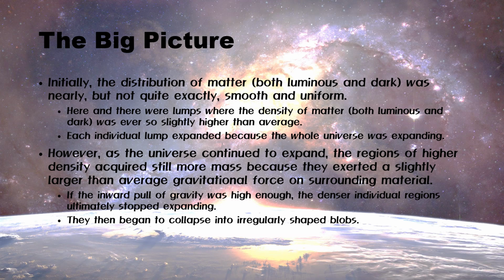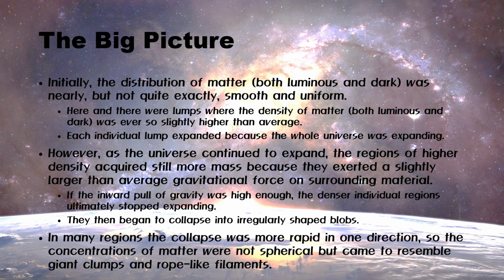If the inward pull of gravity was high enough, the denser regions ultimately stopped expanding. They then began to collapse into irregularly shaped blobs. In many regions, the collapse was more rapid in one direction, so the concentrations of matter were not necessarily spherical, but instead came to resemble giant clumps and rope-like filaments.